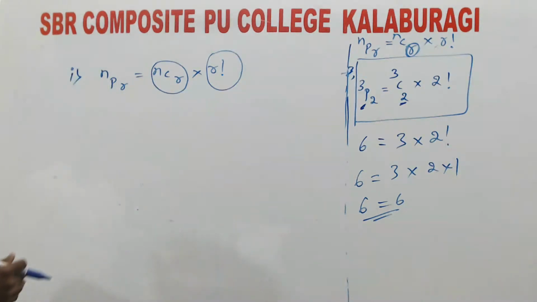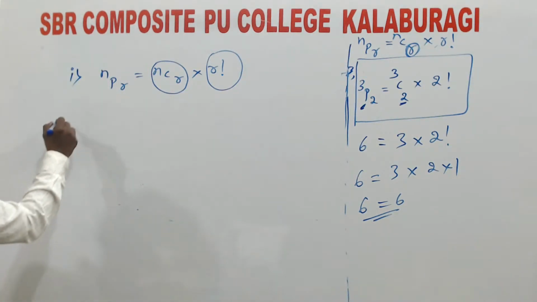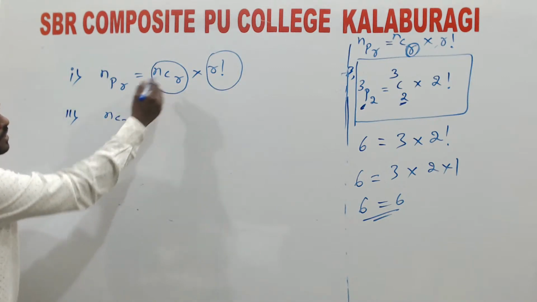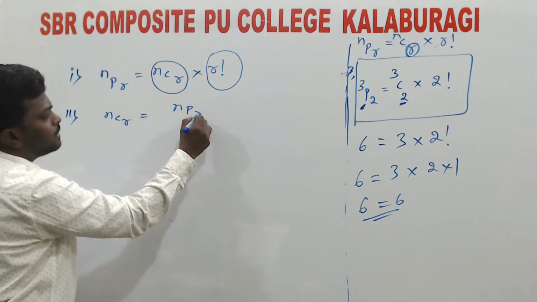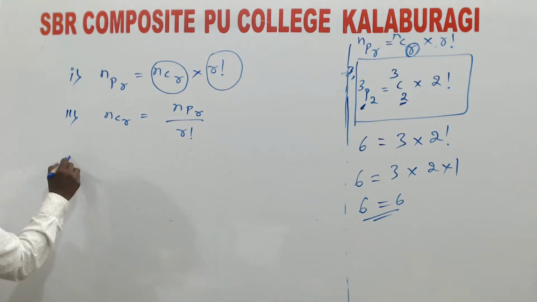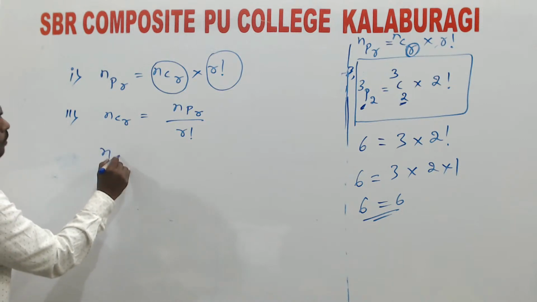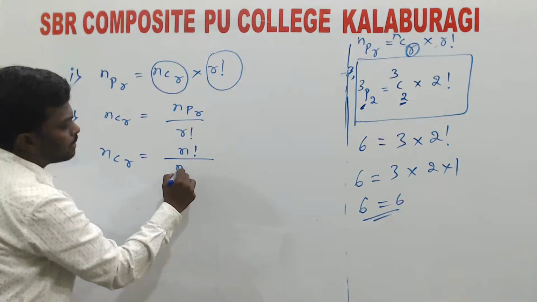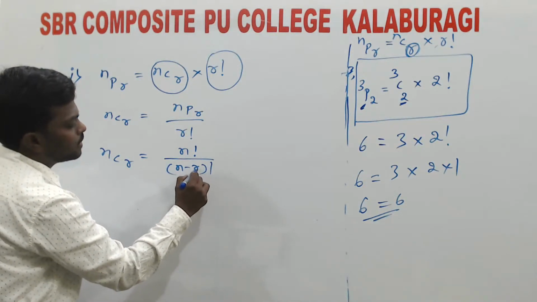Now let's establish a formula for nCr. From here, nCr is nPr by r factorial, students. Is that right? And nPr is n factorial by (n minus r) factorial.